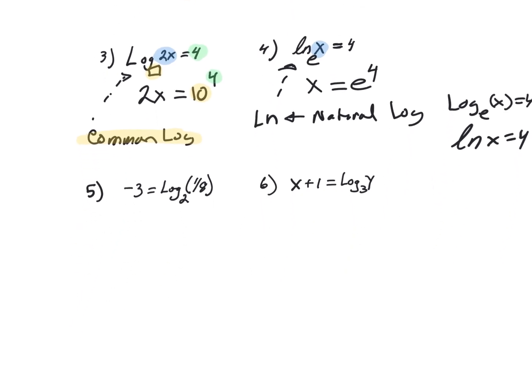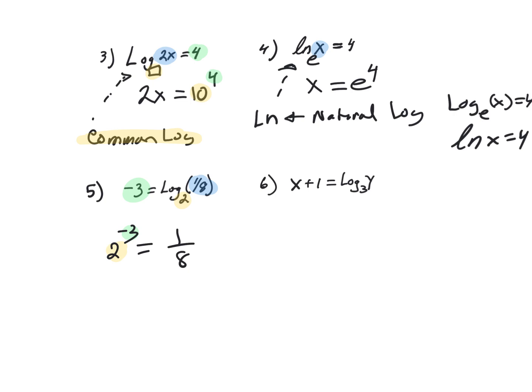So again, you write the of part on the side that the of part is written. So 1/8 is equal to 2 to the negative 3rd power. That's a true statement, isn't it?